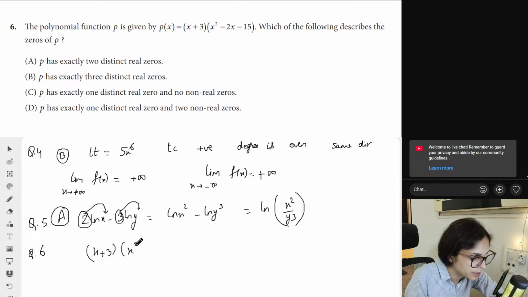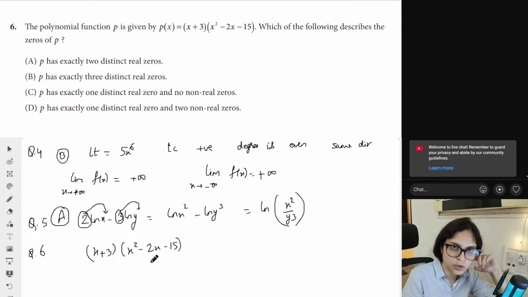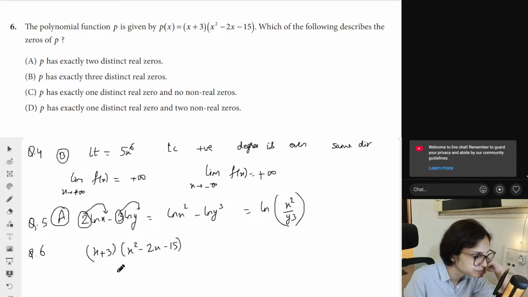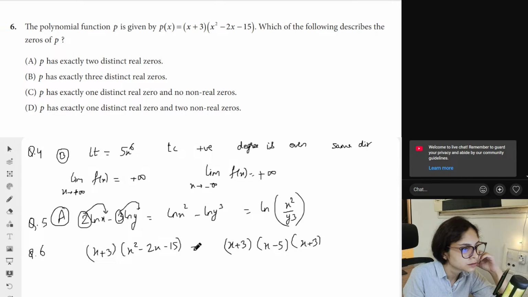Over here, x squared minus 2x minus 15, two numbers which will give you a product of negative 15 and a sum of negative 2: 5 and 3. And because it is negative 2, 5 will be bigger, negative. The bigger number will be negative and the smaller number will be positive. So this can be written as (x plus 3) whole squared times (x minus 5).